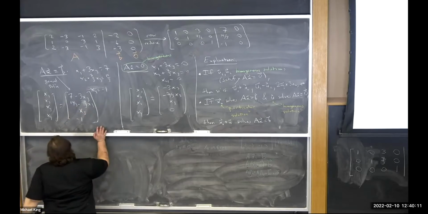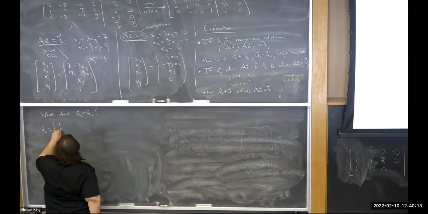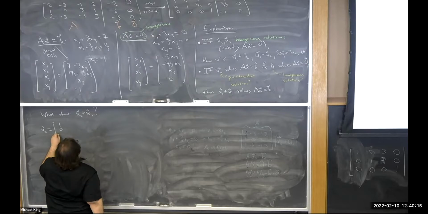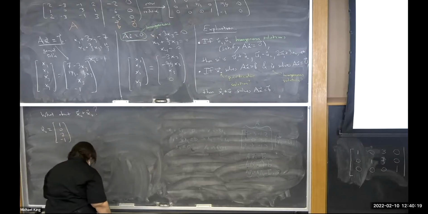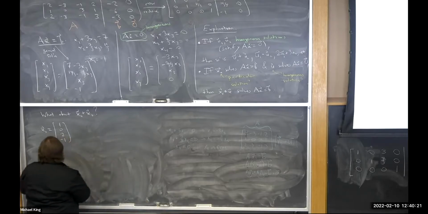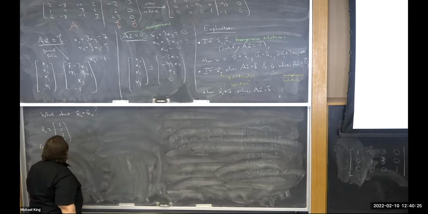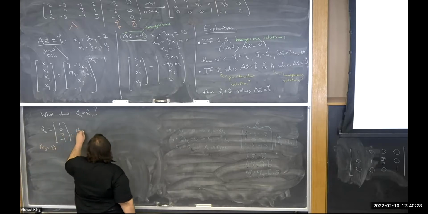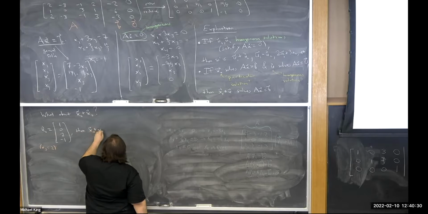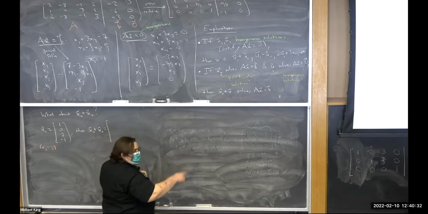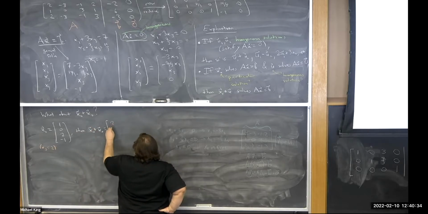So x naught is 1, 0, 2, negative 1. This really came from picking x3 equals 2. Then x naught plus x naught, you guys have it over there, it's 2, 0, 4, negative 2.